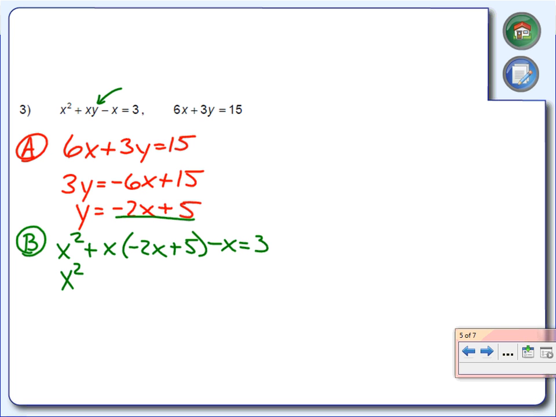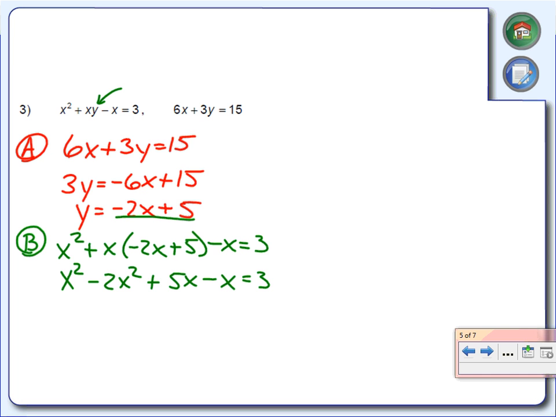First, I'm going to use some distributive property. So x times a negative 2x is a negative 2x squared. x times 5 is 5x. Still got x. Still got the equals 3. What we're going to do now is we're going to clean that up. There's some like terms that we can combine.